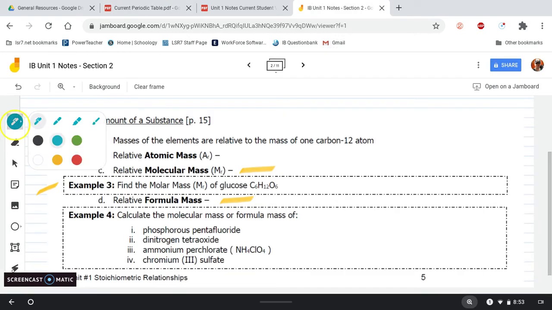So we're going to pencil that in. We're going to do 12.01, how much the carbon weighs, multiplied by 6, because we had 6 of them. And then we're going to add that to the hydrogen. If you remember, I said the hydrogen weighs 1.01.